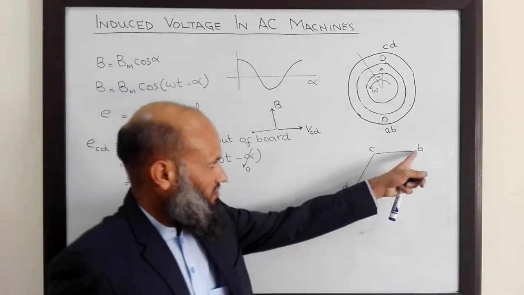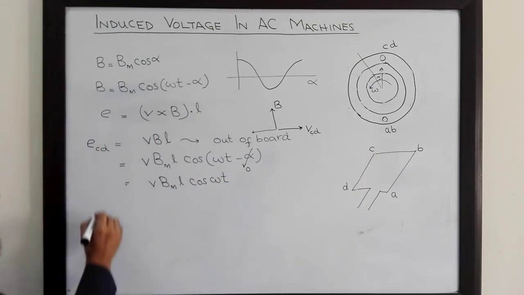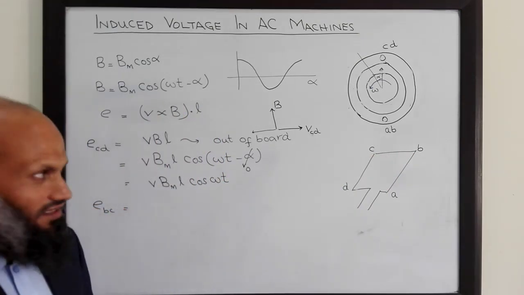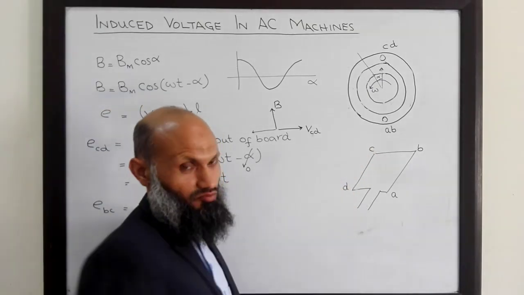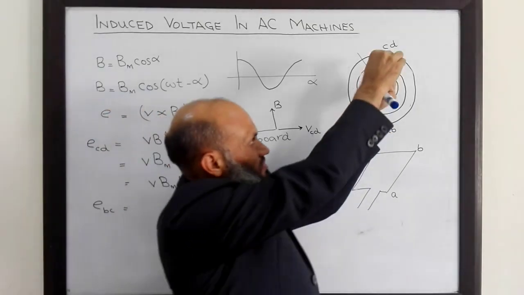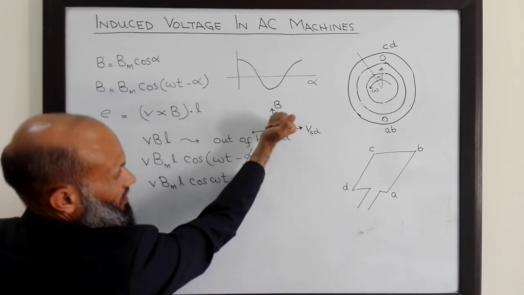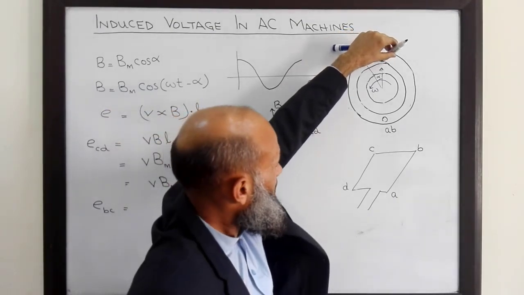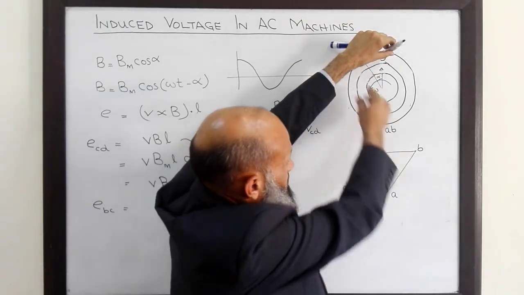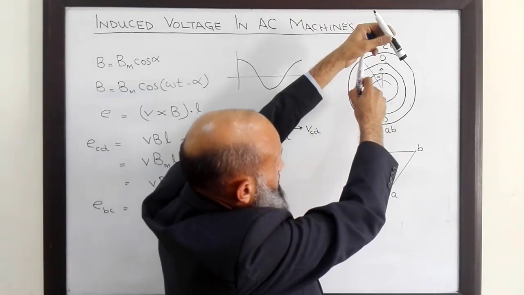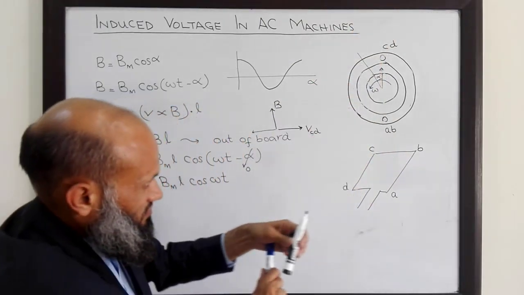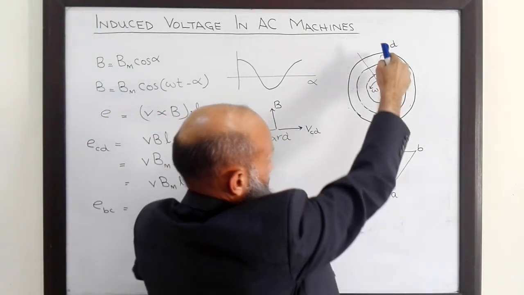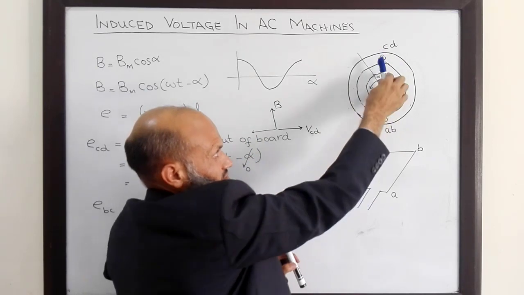What is the situation for this conductor BC? So EBC. Again, the direction of V cross B is out of the surface of the board. And what is this length vector? This is lying behind in this orientation. This BC is oriented in this way, connecting these two conductors.